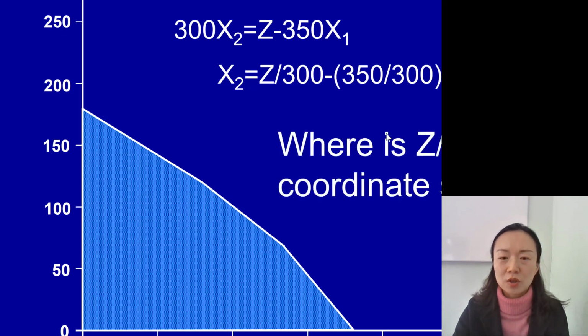Now the question: where is this z divided by 300 on this coordinate system? What does it represent? If we want to draw it on this coordinate system, where do we draw it? What does this z divided by 300 represent in this coordinate system? Please think about it.